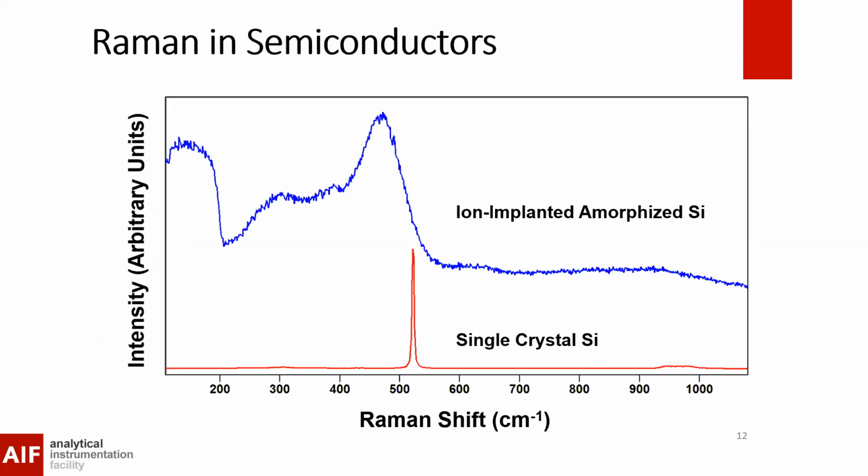As you can see, the peak width changes dramatically from single crystal, very sharp, to very broad for amorphous silicon. And the peak position and peak intensity change as well.